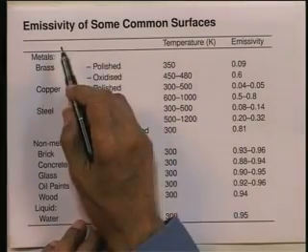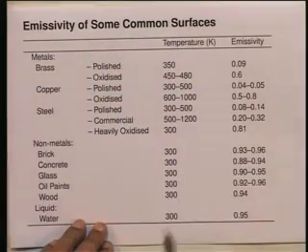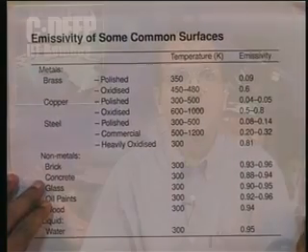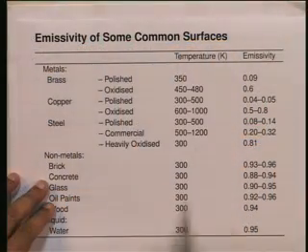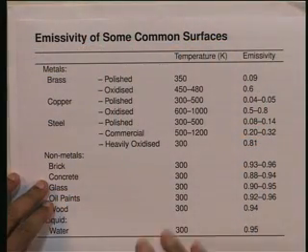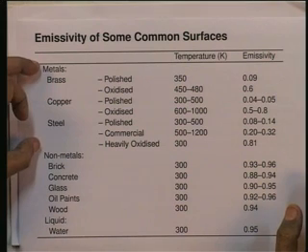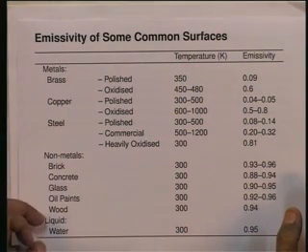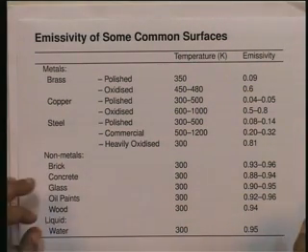So, here is a table showing the emissivity of some common surfaces. I have grouped the matter into three things: first I am going to talk about the emissivity of metal surfaces, then the emissivity of non-metal surfaces, then the emissivity of liquid surfaces, one by one.